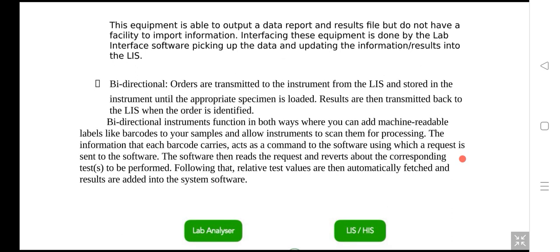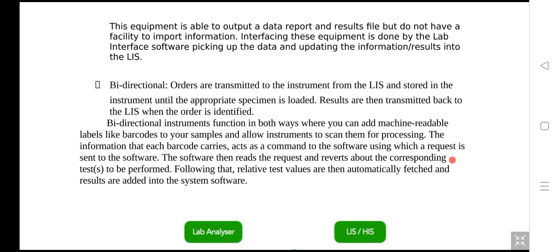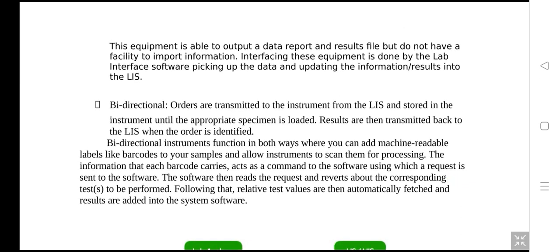Bidirectional: orders are transmitted to the instrument from the LIS and stored in the instrument until the appropriate specimen is loaded. Laboratory requests can be made from the LIS for a certain number of patients, with some kind of coding. When the result is available, it is loaded back to the LIS.